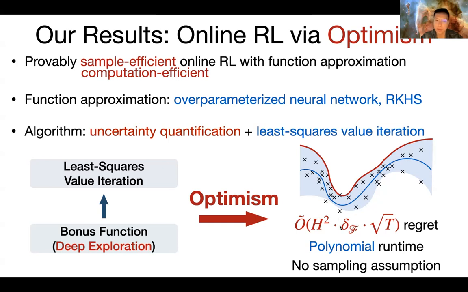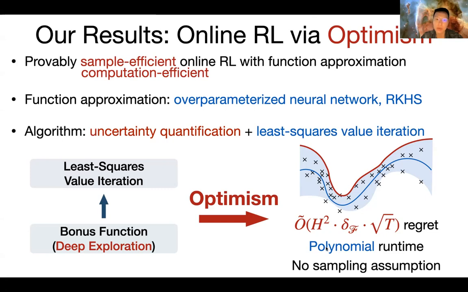So this sublinear regret means that on average, the average error of this algorithm decays to 0 at a sublinear rate when T goes to infinity. So that means our algorithm is sample efficient.